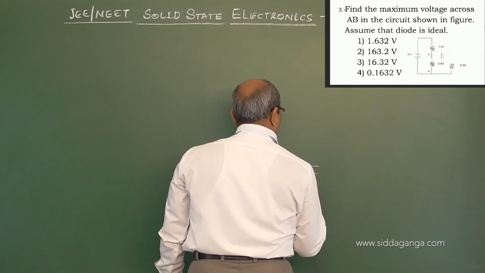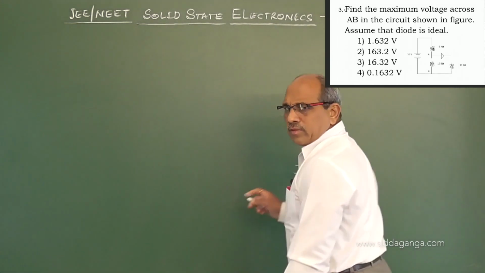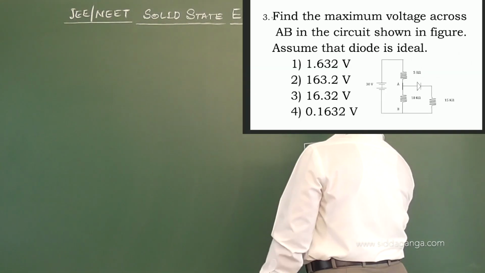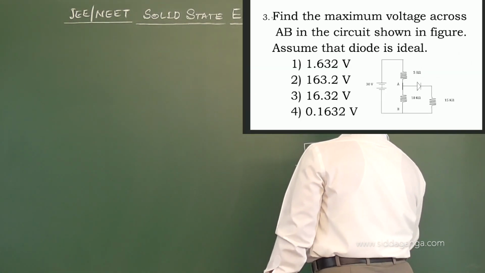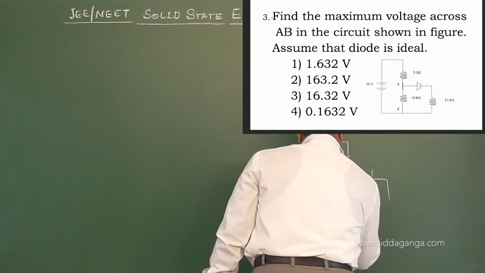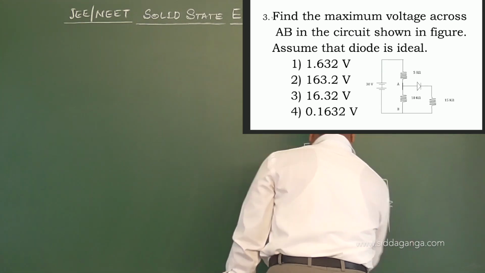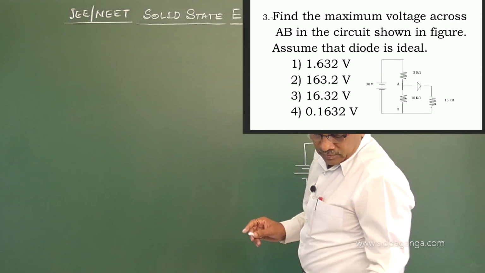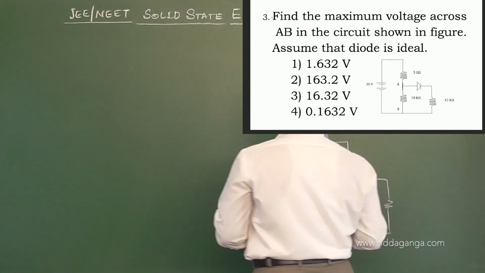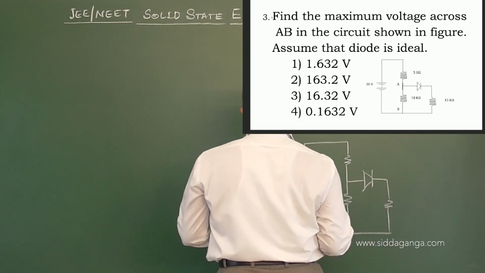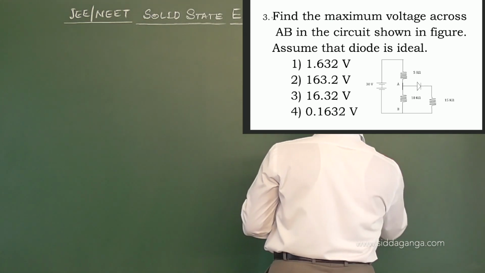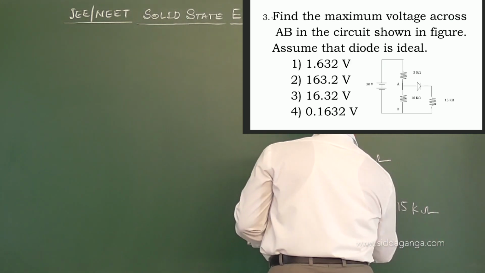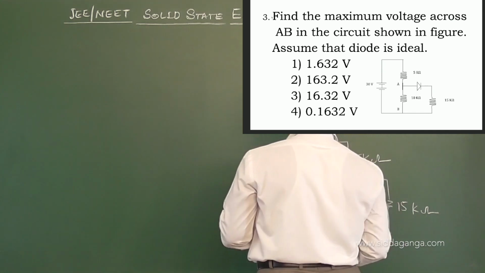So there is a circuit like this. They have given this figure, and the values if you observe are 30 volt and 5 kilo ohm, 15 kilo ohm and 10 kilo ohm.